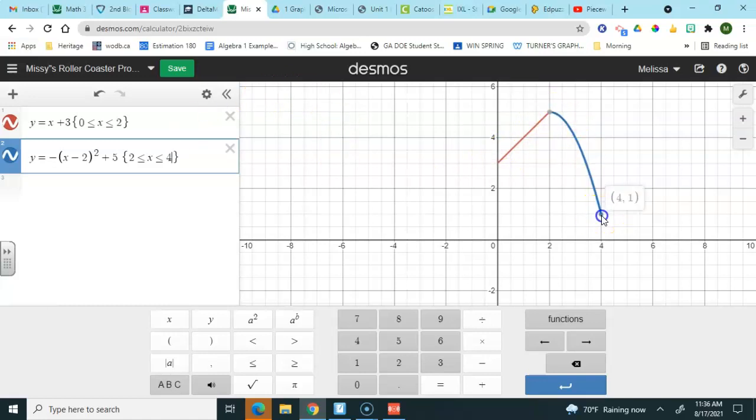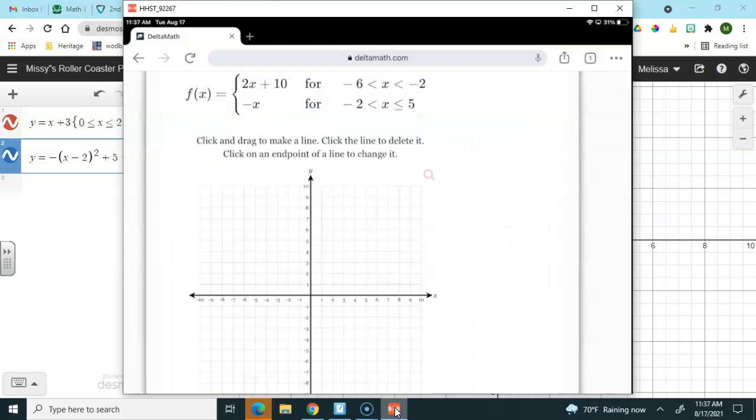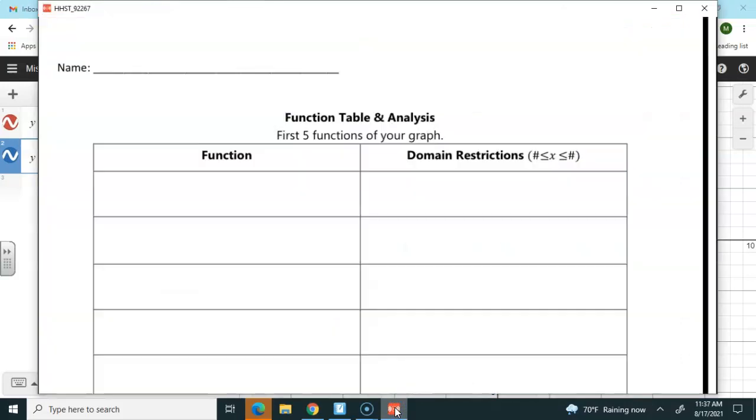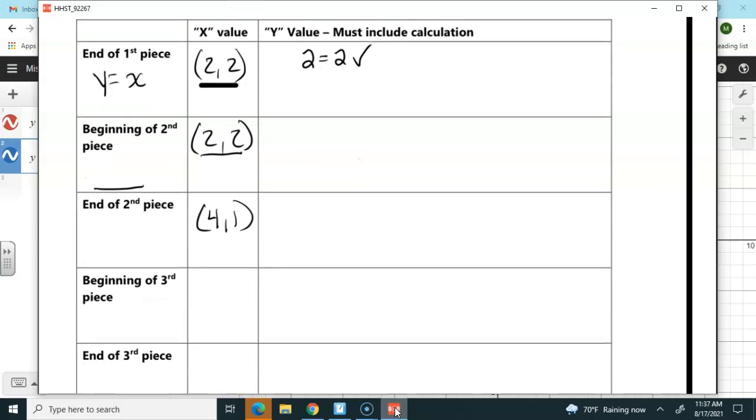Here's where my end piece is, at 4, 1. So if I go back to my roller coaster project, and I'm here at 2, 2, the end of my second piece is 4, 1. So I would write my function here, plug it in to show the math that it works out, and then my third piece starts at 4, 1 here.